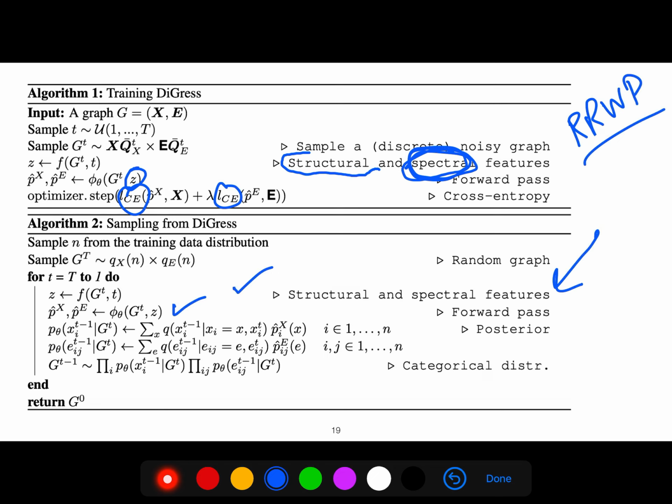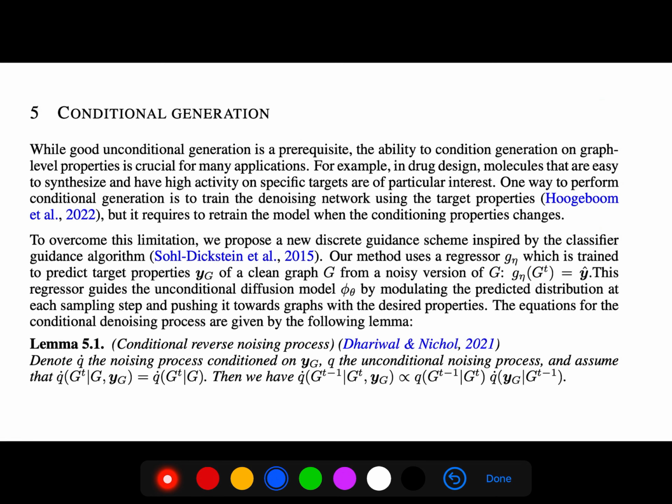You just need to create it. So you go through t time steps in order to find one of the points either in distribution or out of distribution, but it should have good novelty, uniqueness. Of course, it should be valid.